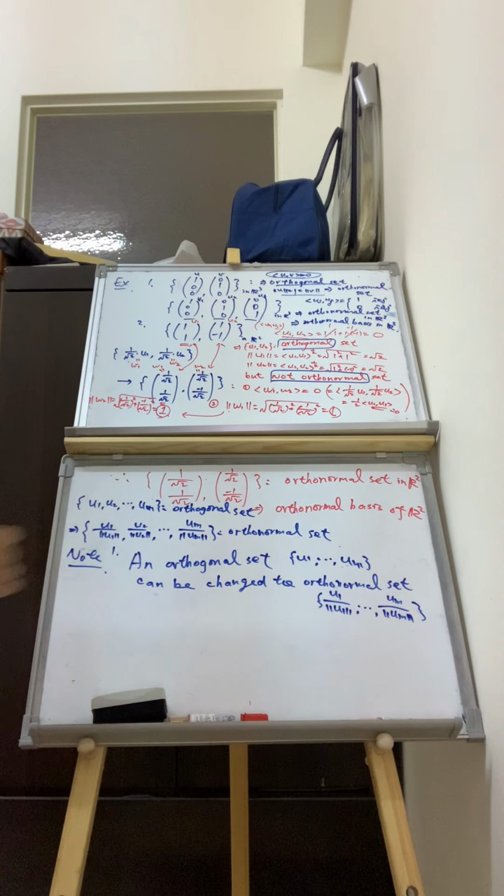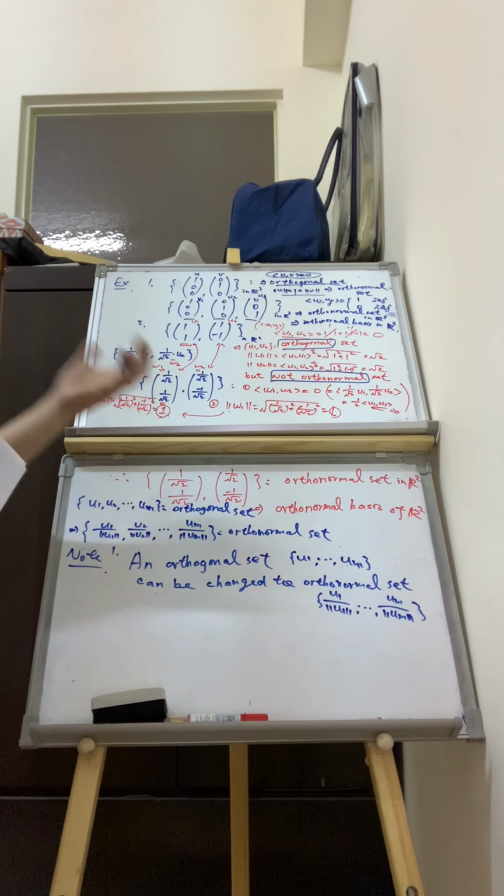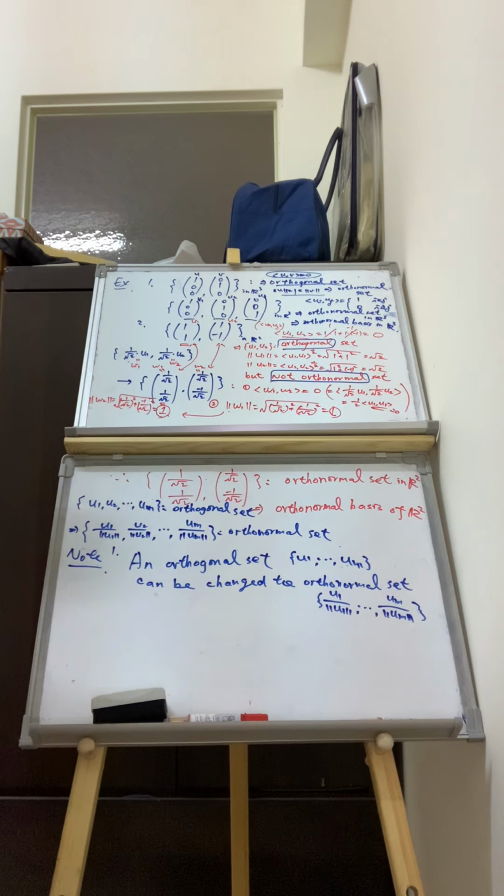But if we just have a linearly independent set, not orthogonal, note that an orthogonal set is linearly independent, but a linearly independent set is not necessarily an orthogonal set, right? So if we just have a linearly independent set and want to figure out an orthogonal set, then we should use the result in the next section.